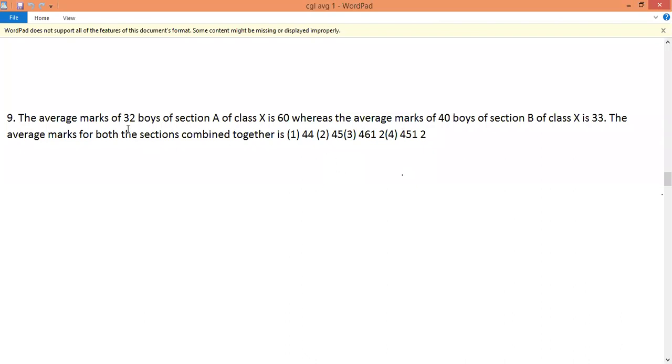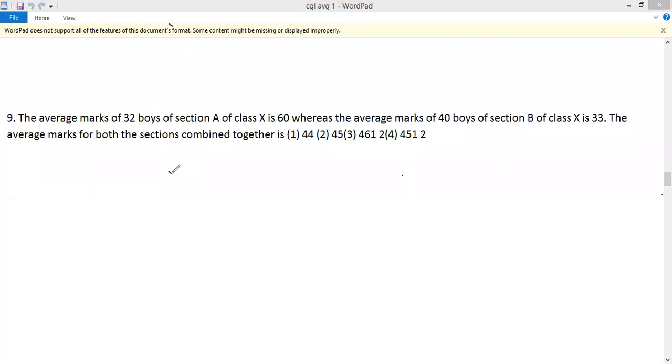Next. The average marks of 32 boys in a section is 60. 40 boys is 33. Both are mixed. 32 boys 60, 40 boys 33. Okay, how much is the difference? See here. These are all similar questions I am explaining, chapter first.